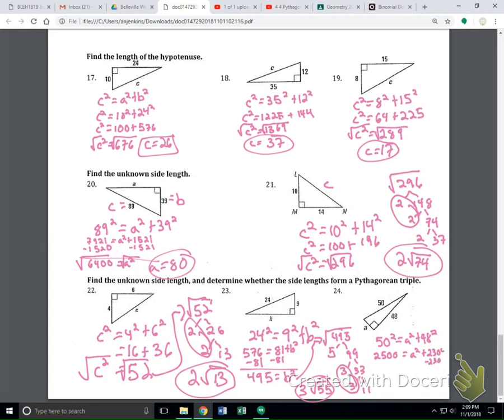We're going to subtract that to the other side. We end up with 196 equals a squared. We're going to square root both sides. A equals, what is the square root of 196? Don't just guess. What is it? 14. So close. 14? Yeah.